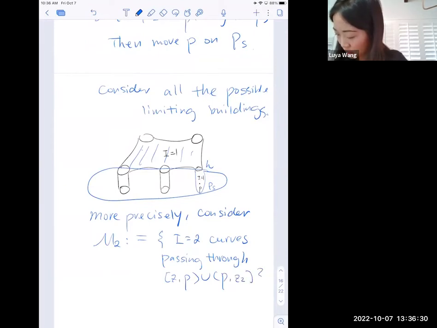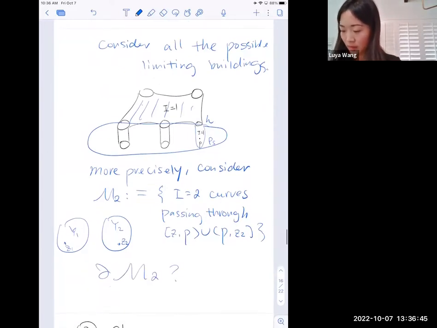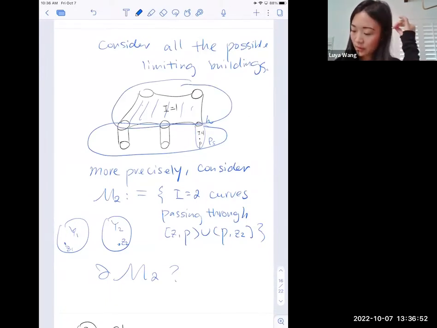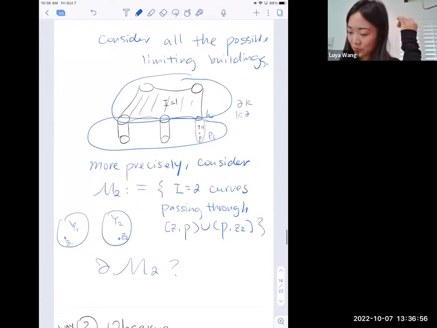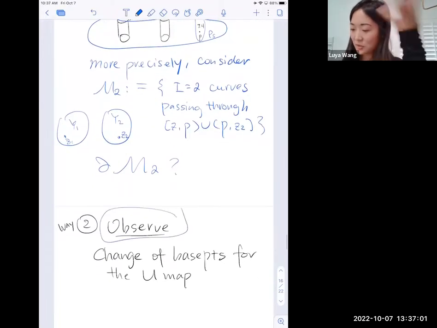So Z1 and Z2 were originally something on points Y1 and Y2. And then you consider the boundary of this, then you get this appearing as one of the boundary components, and then the others are something like K partial K, which I will not discuss, but I will discuss in the observation too, because they also appear.